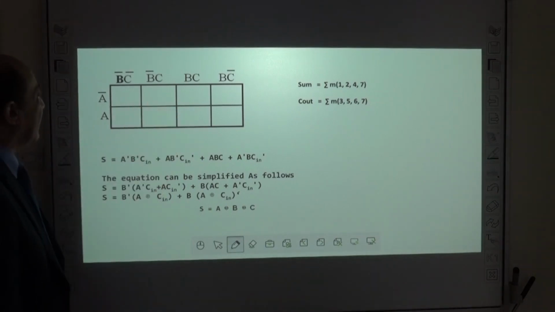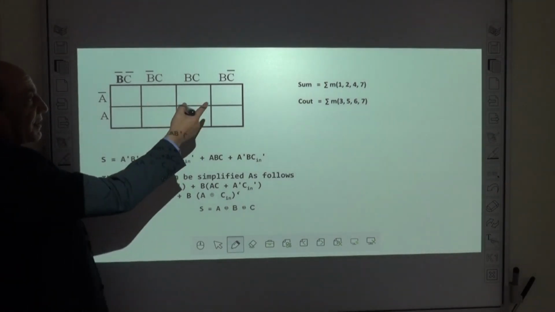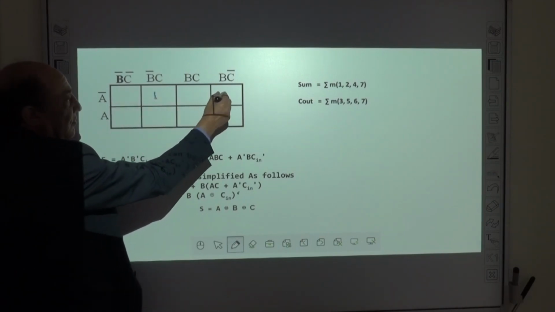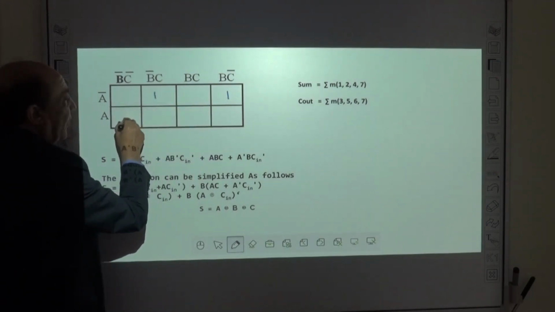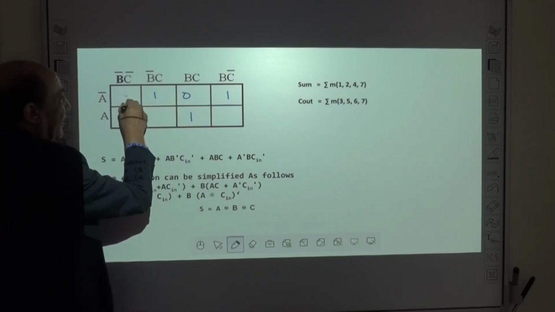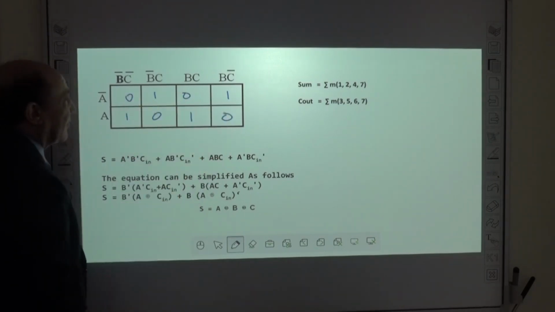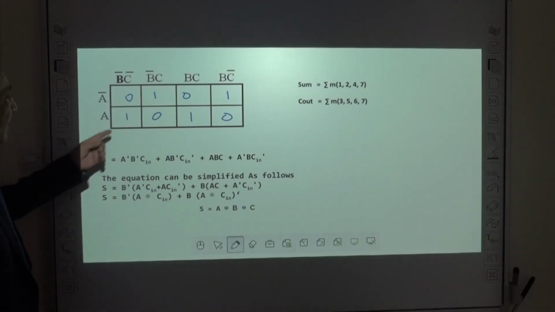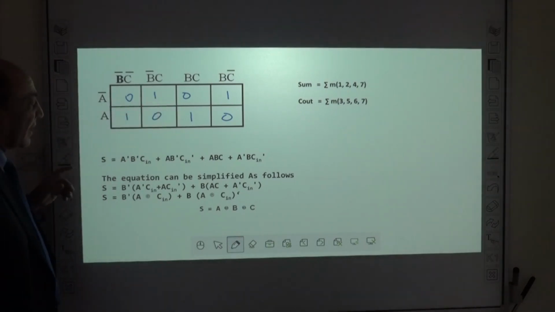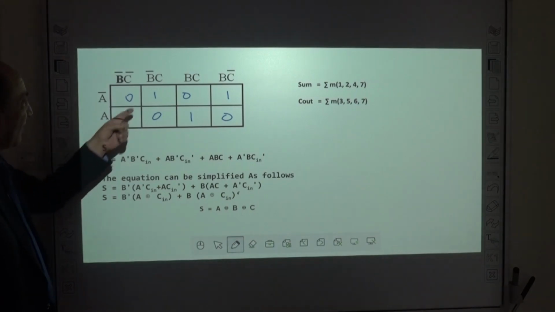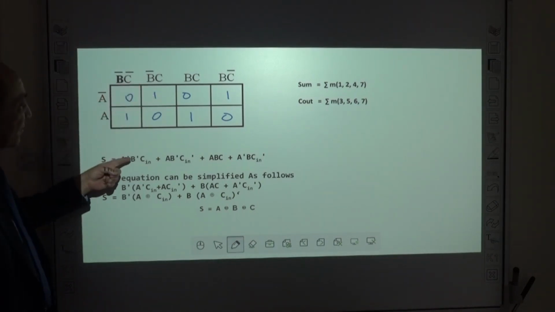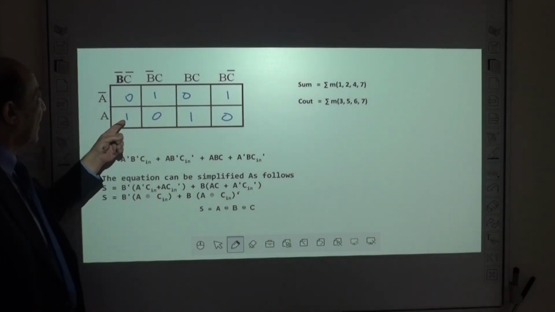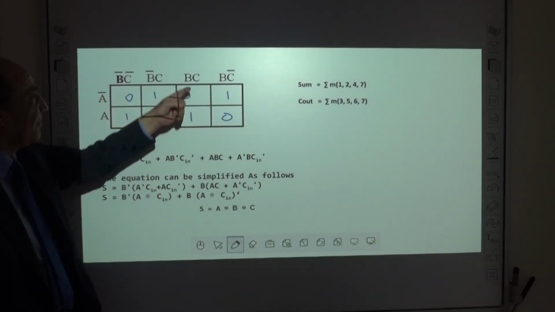Now, using K-maps, sum equals the minterms 1, 2, 4, 7. Here is the sum. Here we cannot simplify, so we cannot group anything, so we write the sum as not A, not B, C, or not A, B, not C, or A, not B, not C, or A, B, C.